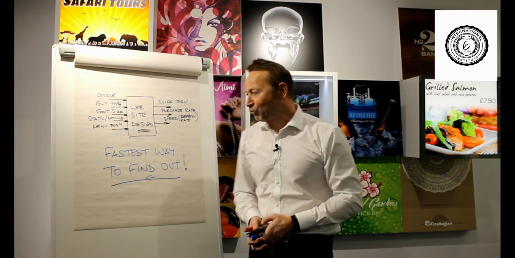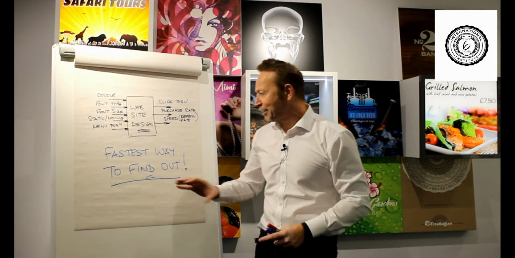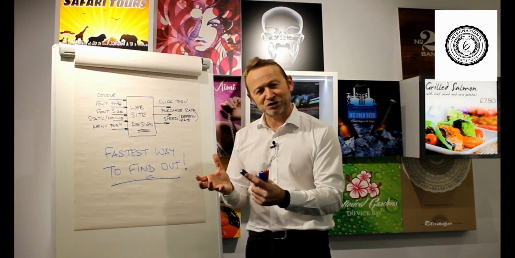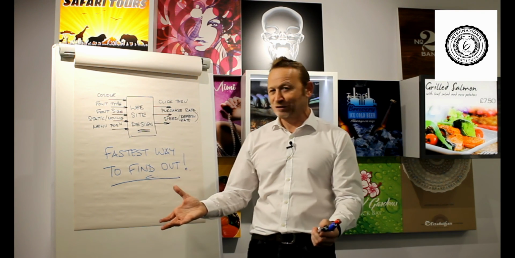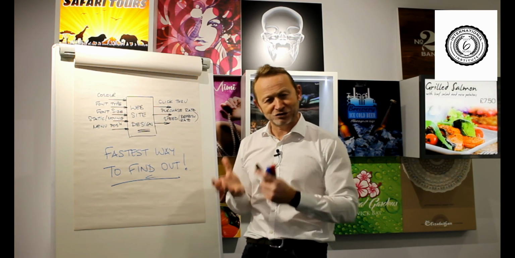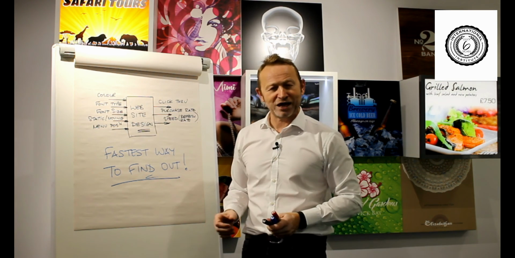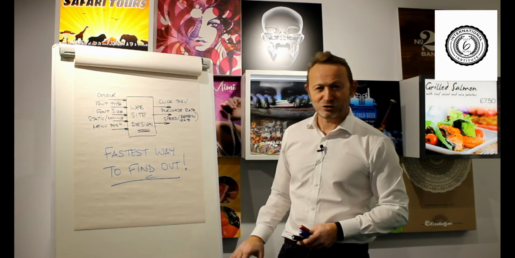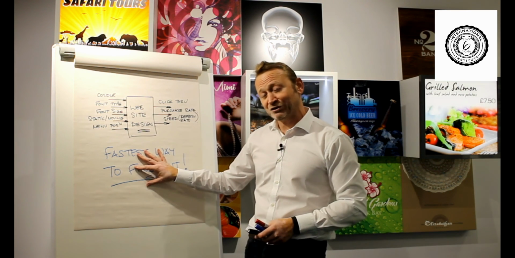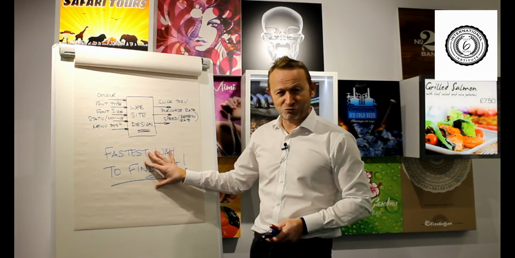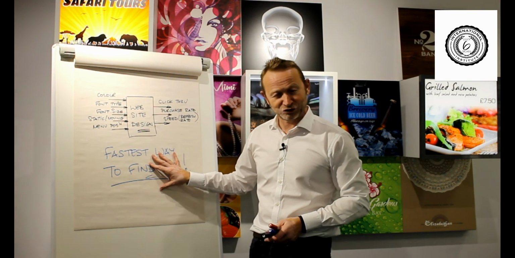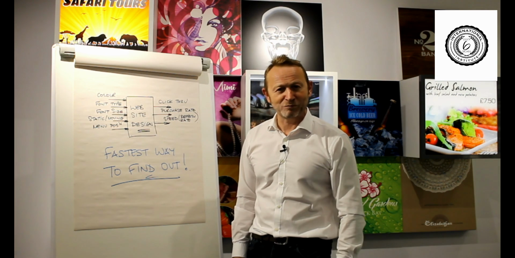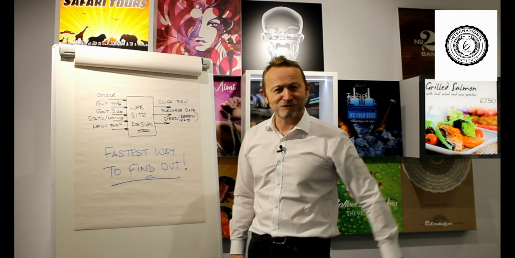And if you happen to be in the world of new technology, in the world of innovation, and you don't have standard knowledge of how a particular process functions, you don't have 25 years of experience because you've just invented something brand new, you are at the cutting edge of the technology. How do you get process knowledge? DOE, design of experiments. It's the fastest way to find out. It is the fastest way to create new process knowledge. And to be honest, it will give you the capability to smash your competition. Design of experiments, the fastest way to find out.